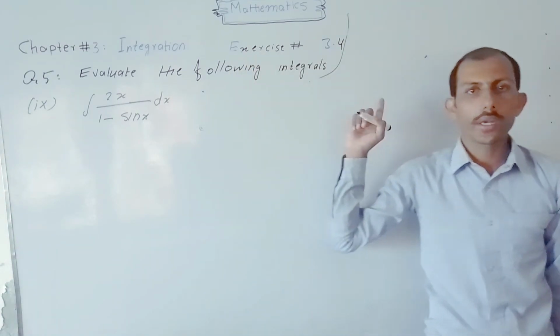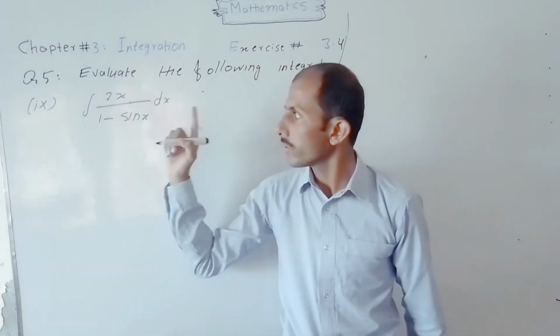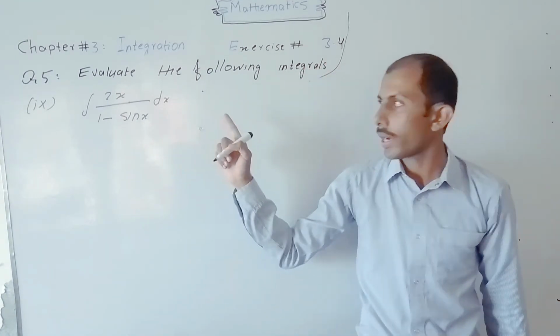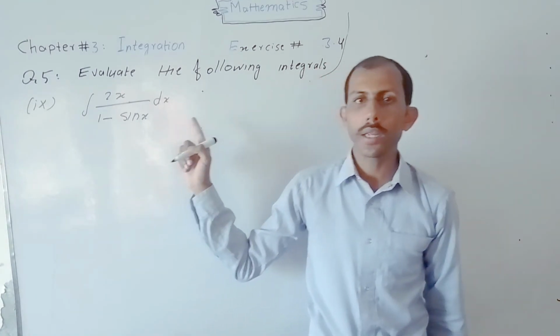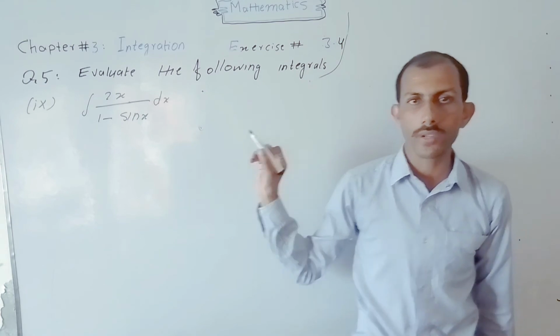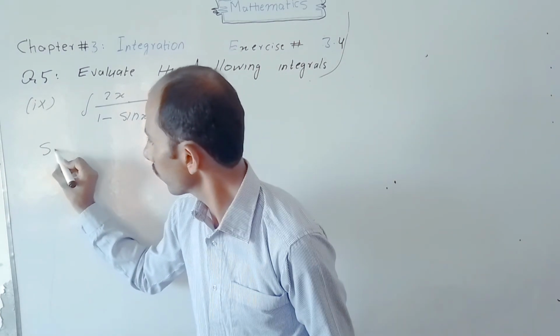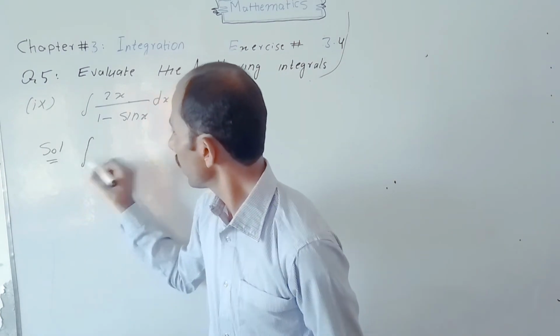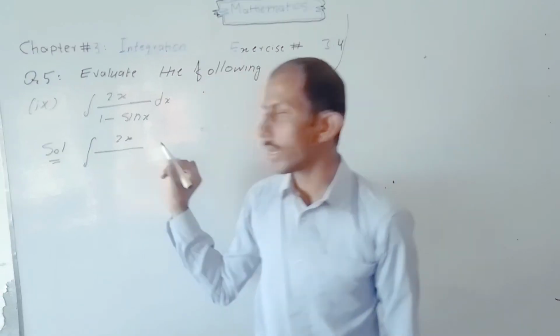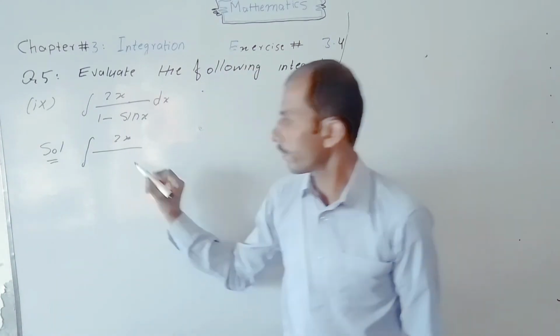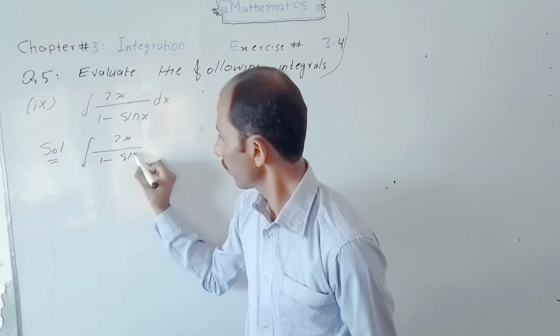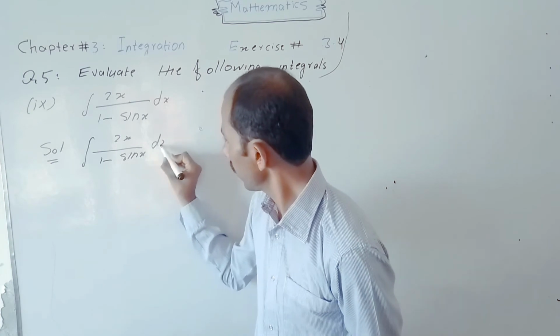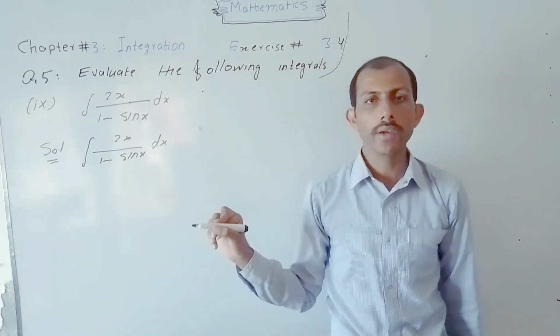Evaluate the following integral. Part number 9, that is integral 2x divided by 1 minus sine x into dx. So first, as it is, integral 2x divided by 1 minus sine x into dx.